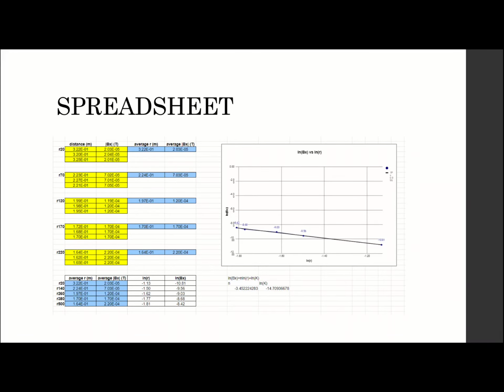According to the measurements shown on this spreadsheet, I got a line chart which shows the relationship between ln B and ln r. If we recall the equation from the third slide, we can tell that the slope of this line is just n, and the intersection of this line with the y-axis gives us the value of ln k.